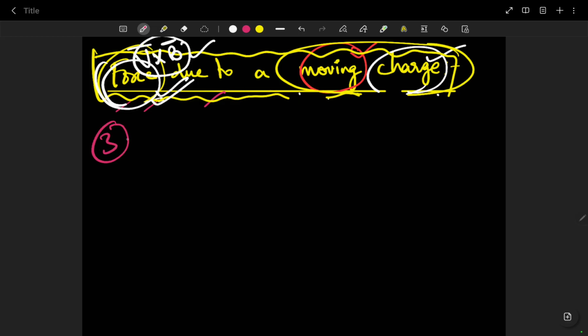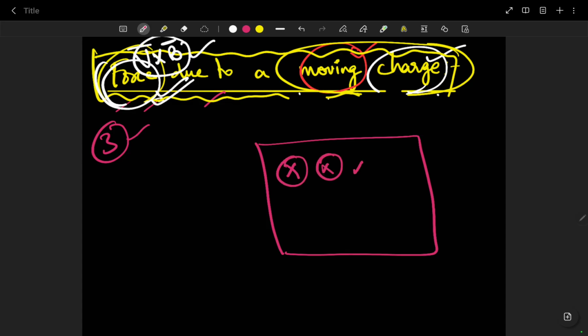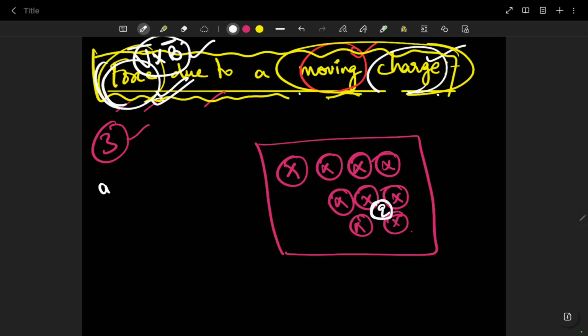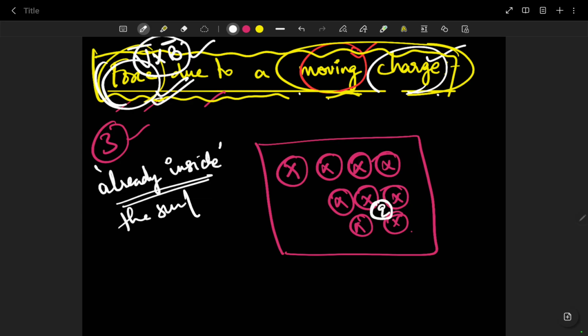And now comes case 3. At that point of time, I'm considering a very large size conductor, and I'm assuming the magnetic field is going inside, right? With this, I am seeing the charge is already inside. This is very important to note: the charge is already inside the surface. It is not approaching, not going through a transient period, nothing.